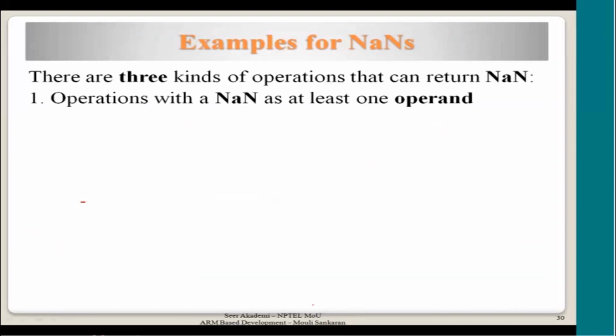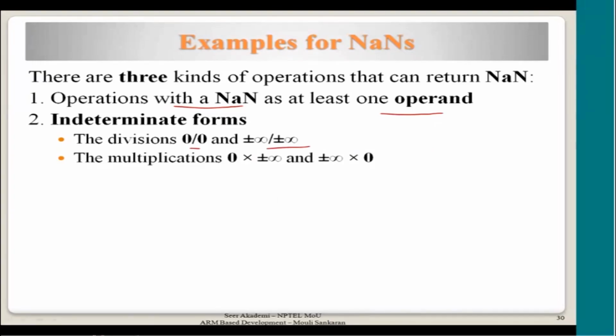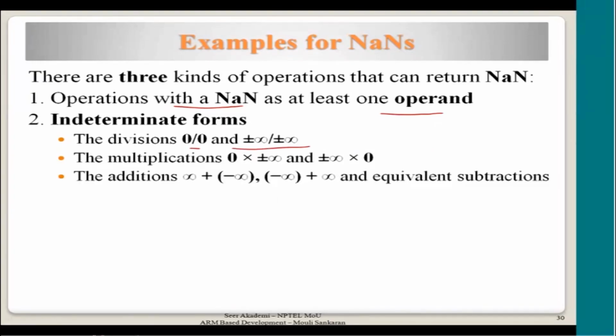Now, examples of NaN operations. For operations with a NaN as at least one operand, or if a 0 by 0 or infinity by infinity happens in your computation, then you can generate a NaN representation.